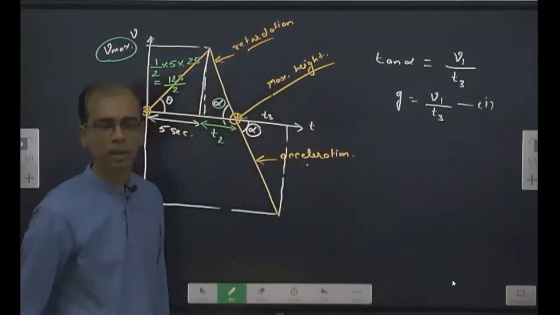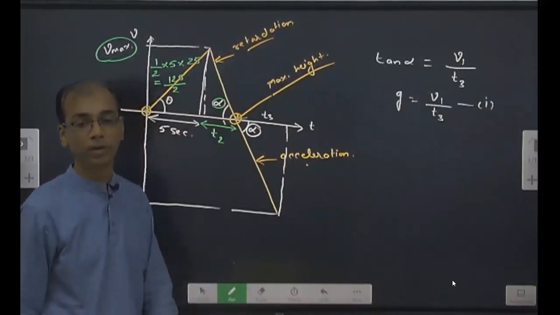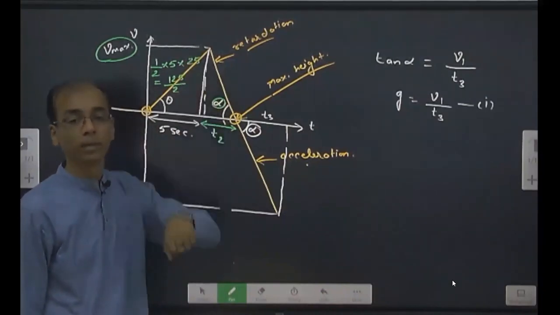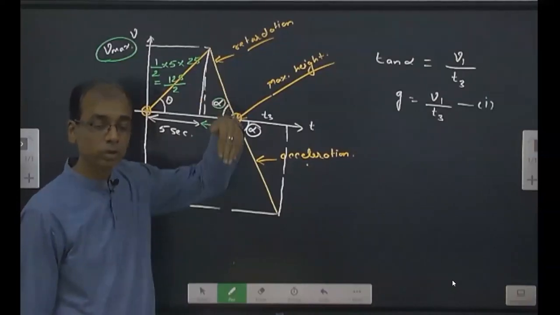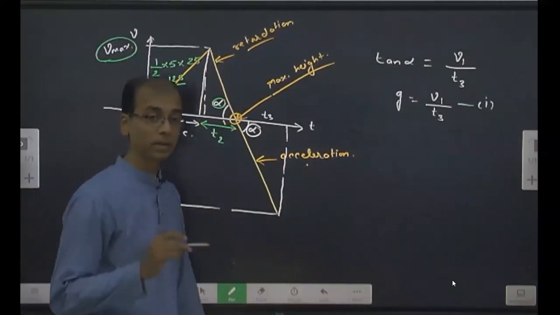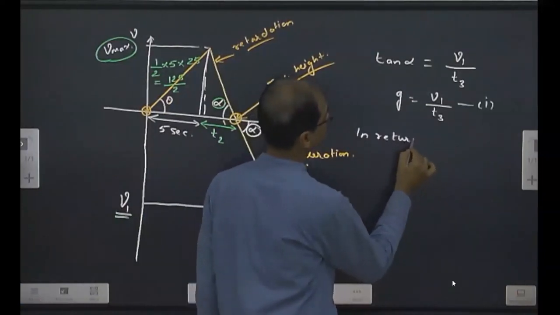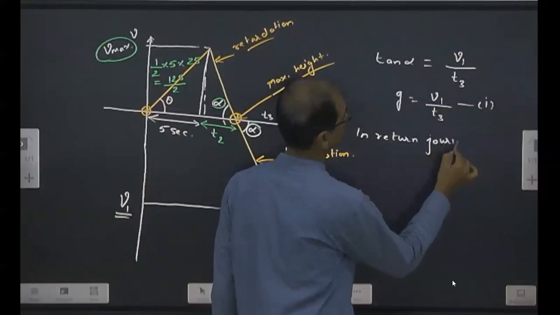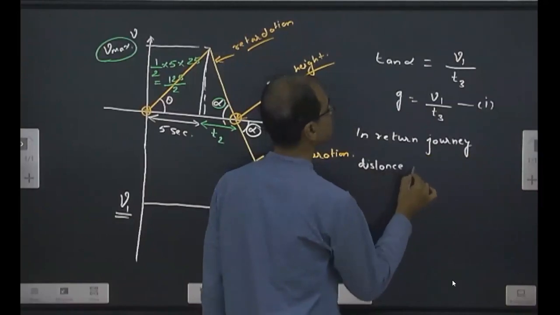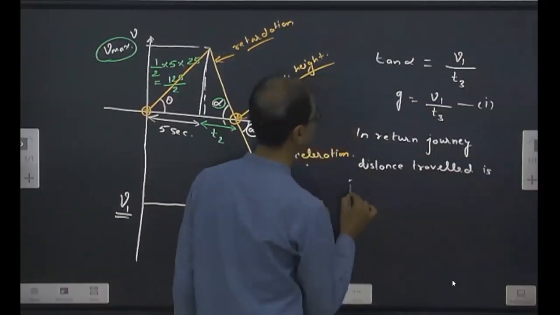Another piece of information I have is the distance traveled is 375 by 4. Upward it went, the maximum height, up to 375 by 4. Now when it is going to strike the ground back, it has to travel the same distance. So in the return journey, the distance traveled is 375 by 4.